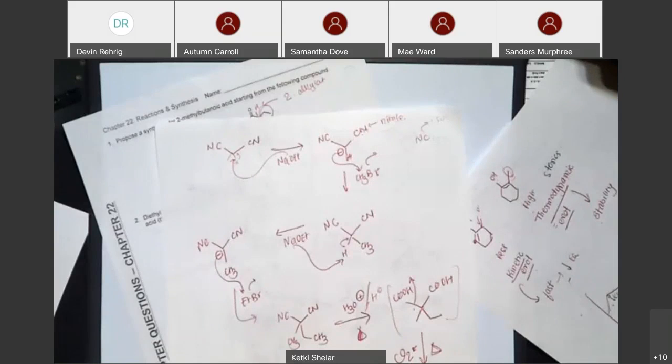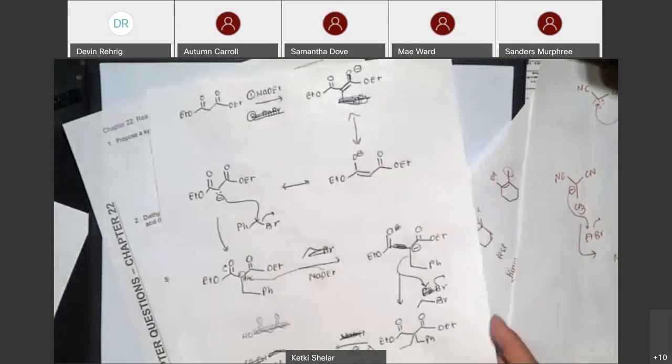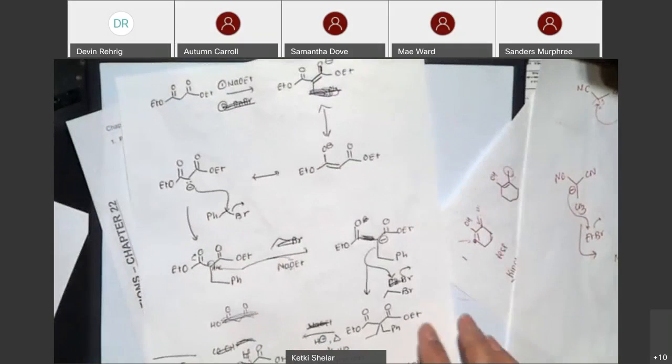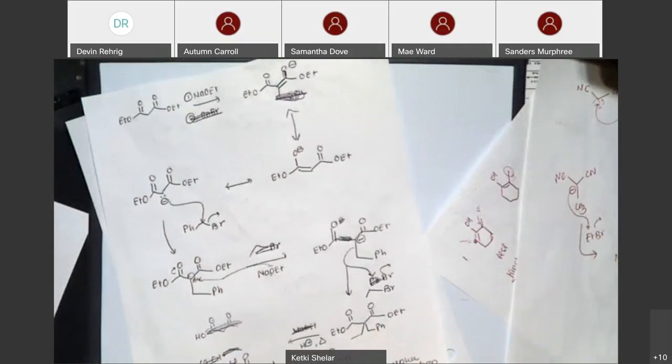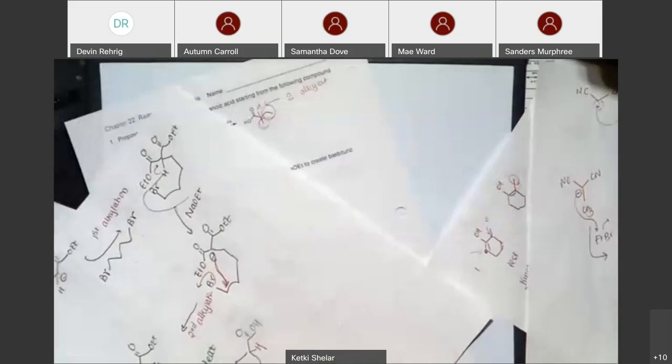Acetoacetic ester? Okay, so I think everyone got this. Let me show her this one. Is it the page number 39 question? Okay, I got it. Let me find that answer.